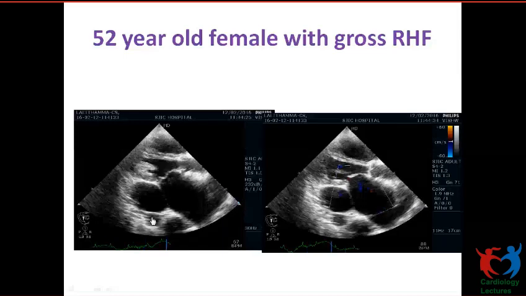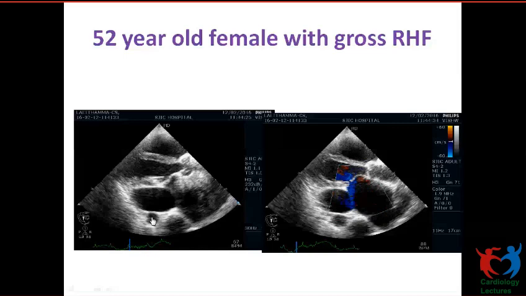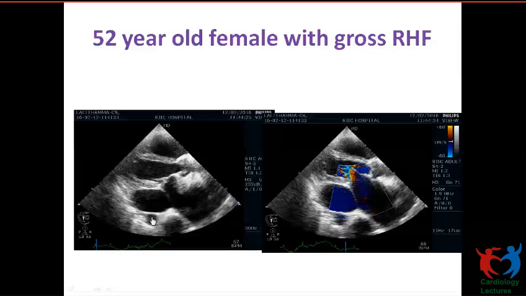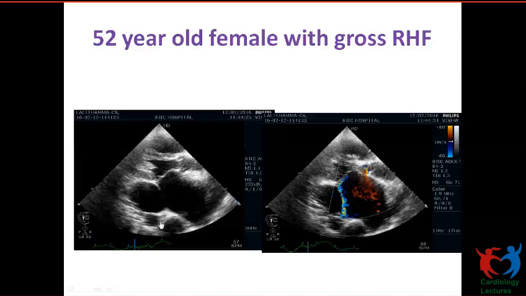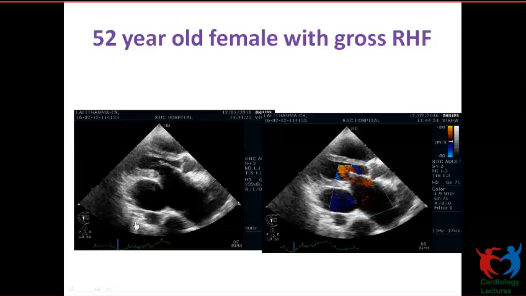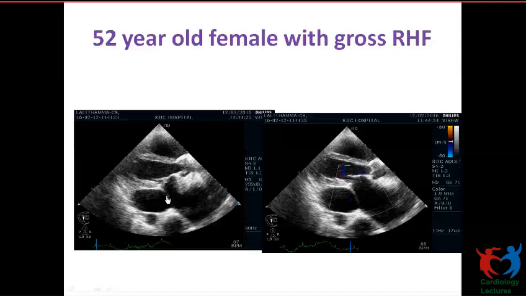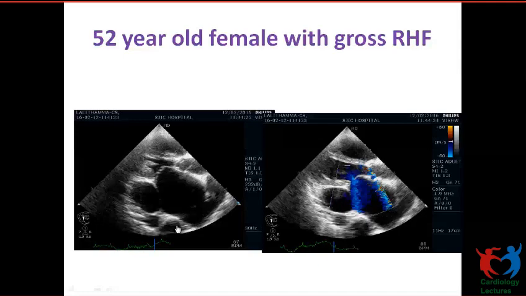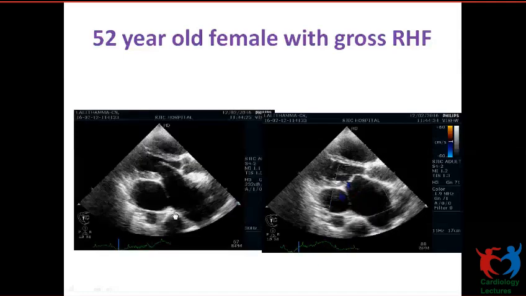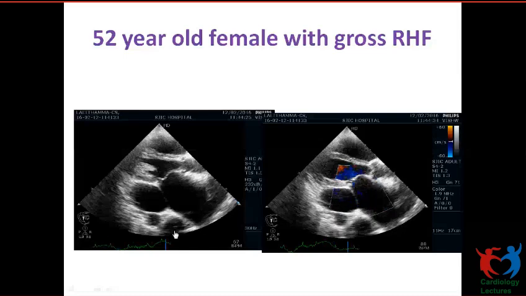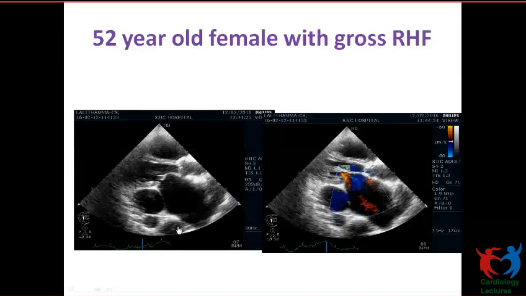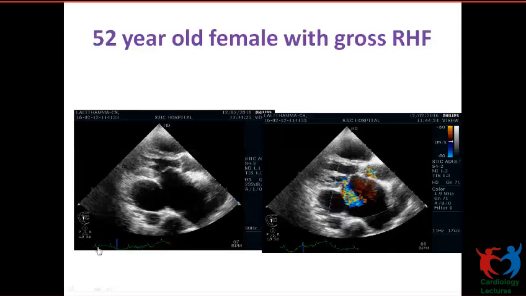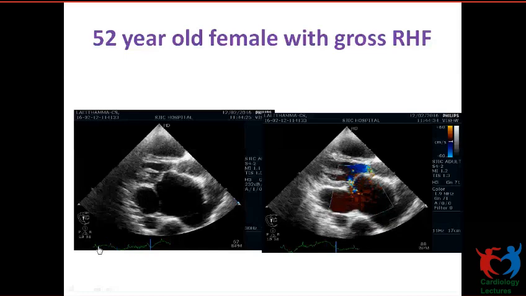Ma'am, what is that larger one? This one is behind the LA, no? That is opening into LA. Maybe we have to see in other images.